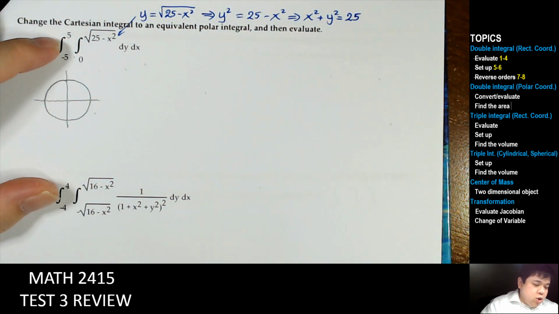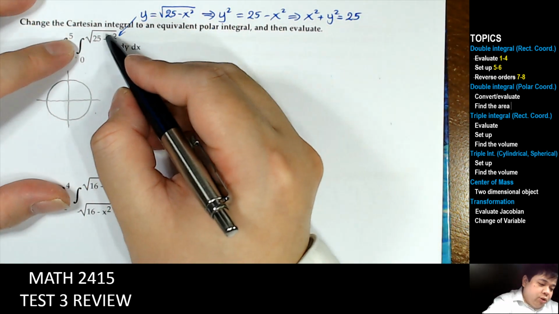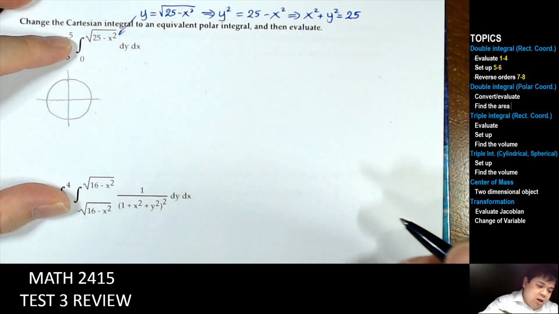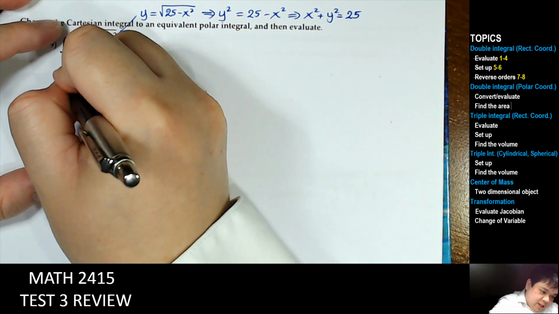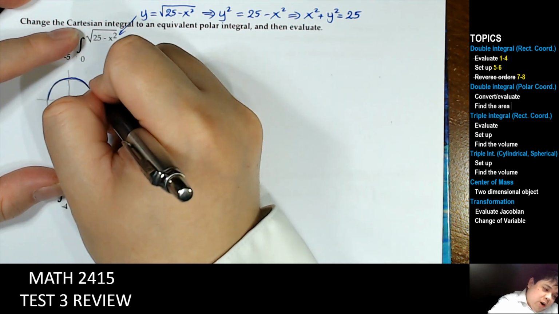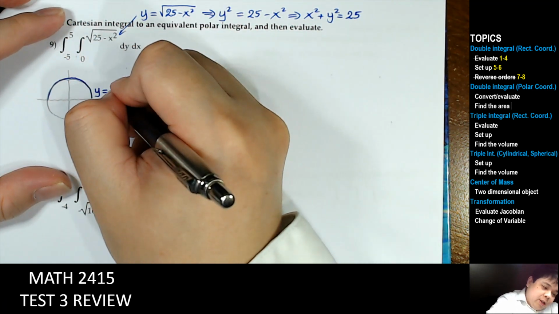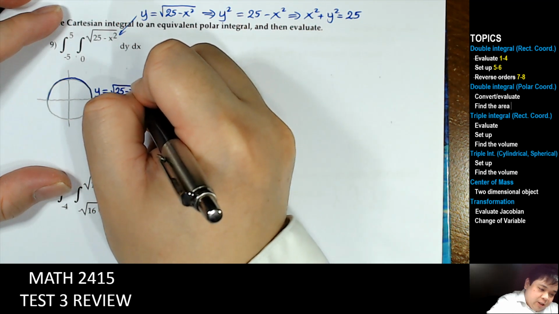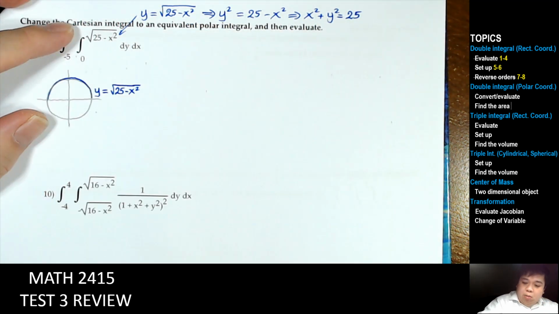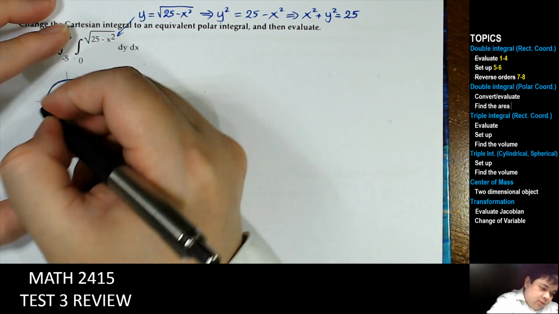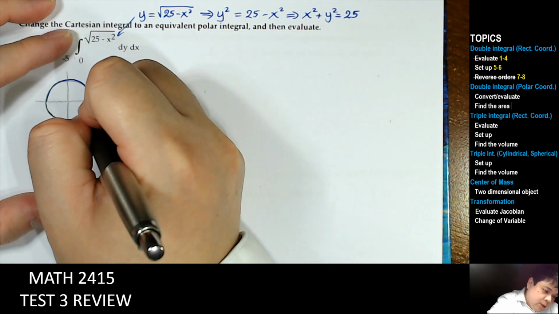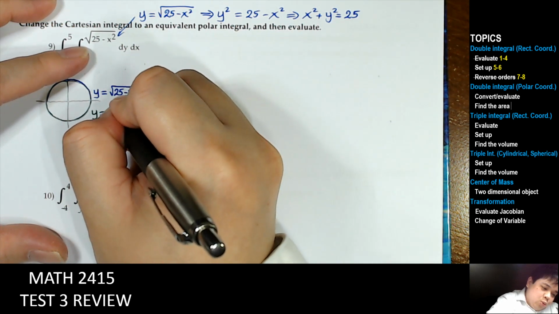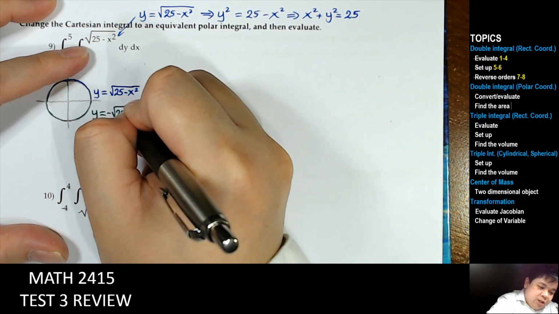On those limits, we only go from 0. By the way, x squared plus y squared equal to 25 is the whole circle. But the upper half is where we have y equal to the square root of 25 minus x squared, and the bottom half is y equal to negative square root of 25 minus x squared.